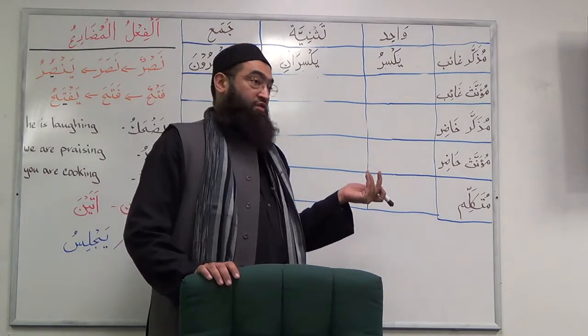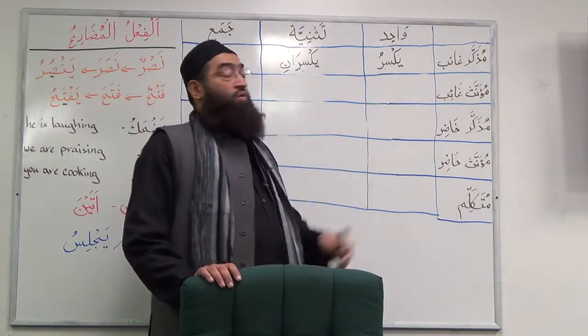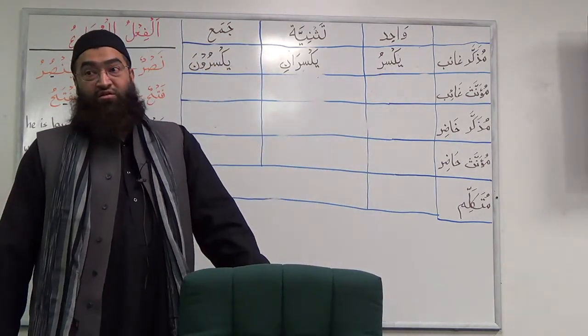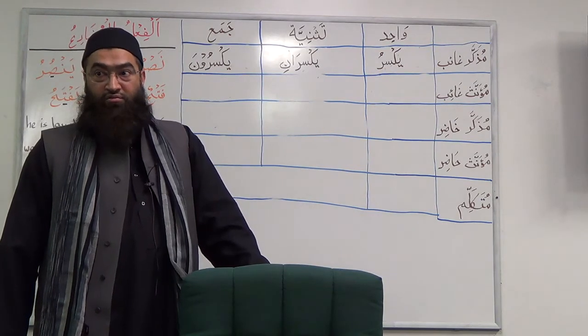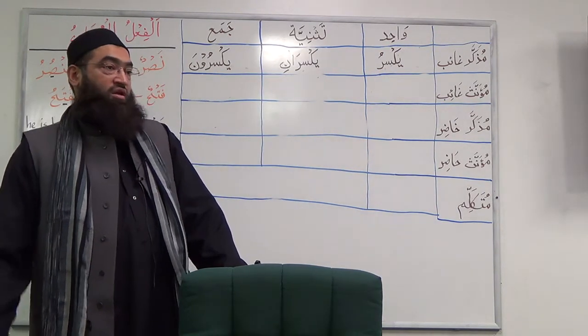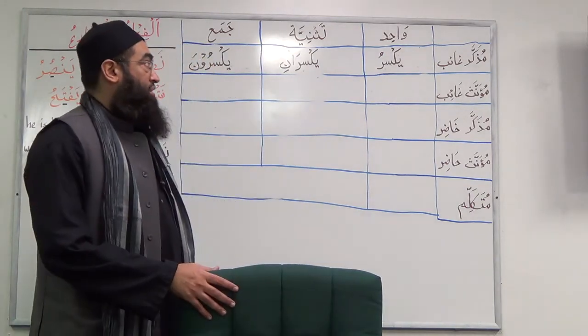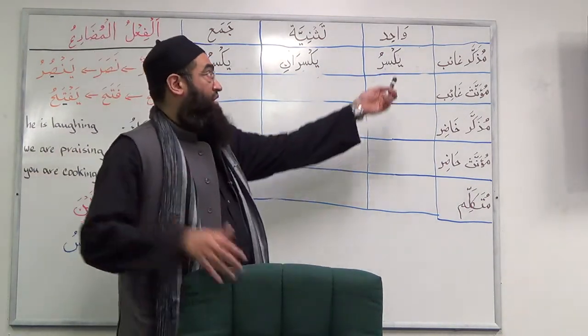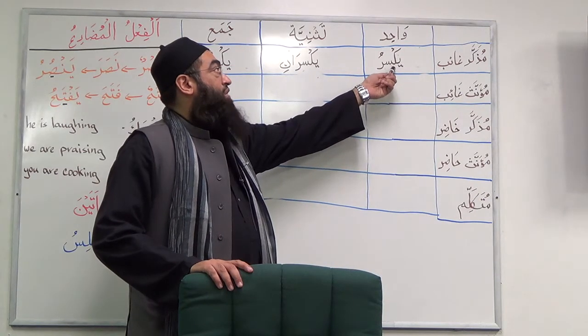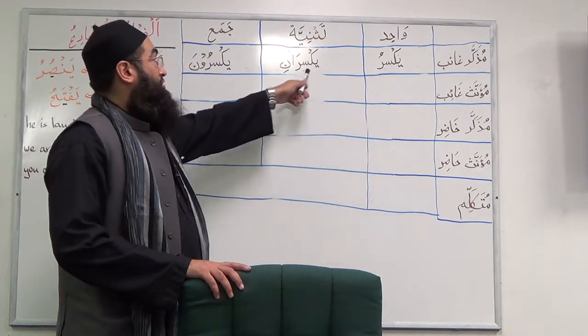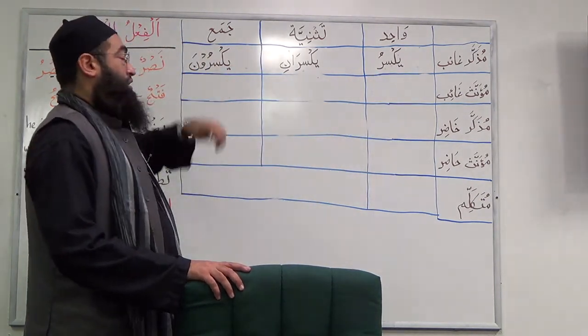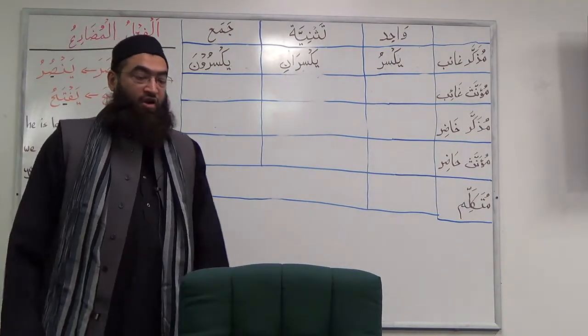And then if it's majhul, that one man is being broken. Alright? It doesn't have to be a man. It could be anything. That door is being broken. So let's say door. Okay? That one door is being broken. Those two doors are being broken. All those doors are being broken. Alright?